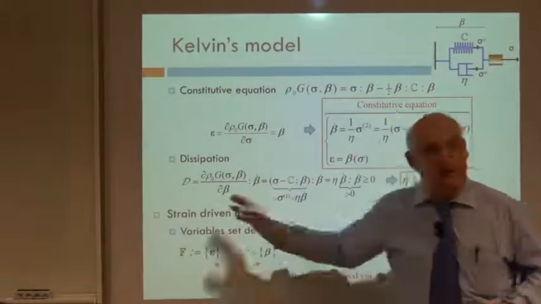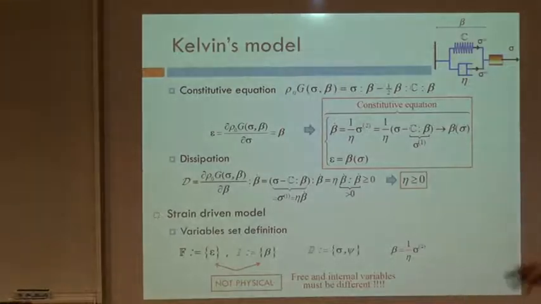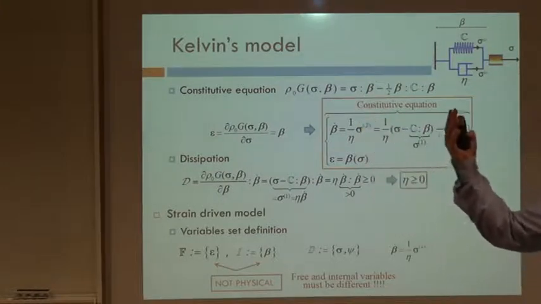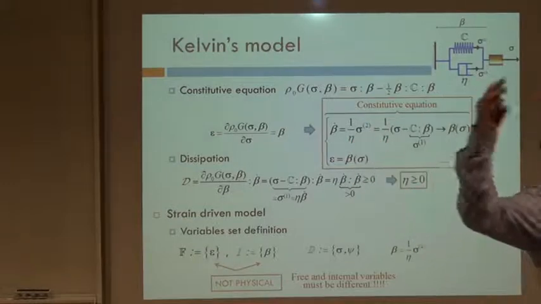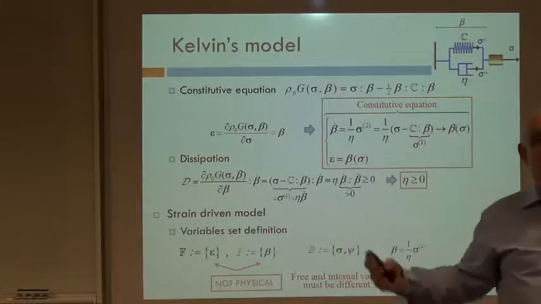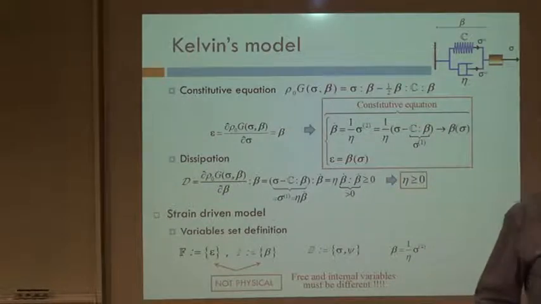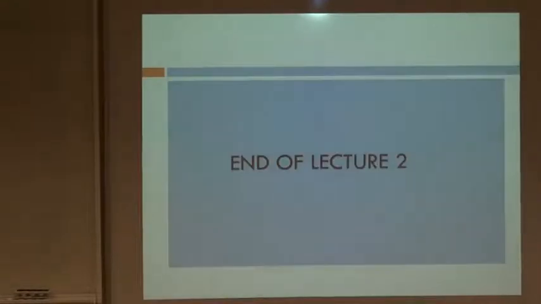That's a contradiction, don't forget it. This model cannot be formulated as a strain-driven problem. But fortunately, it can be formulated as a stress-driven problem. That's why we have two options. Sometimes both are possible. Sometimes we have to resort to one of them to formulate the model. If one is not possible or leads to any contradiction, we just go to the other. And that's it.